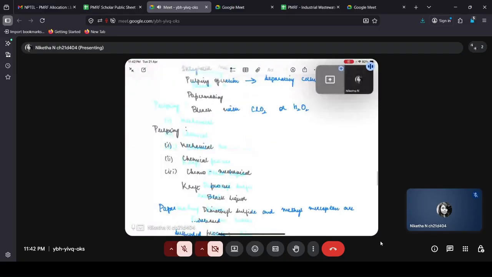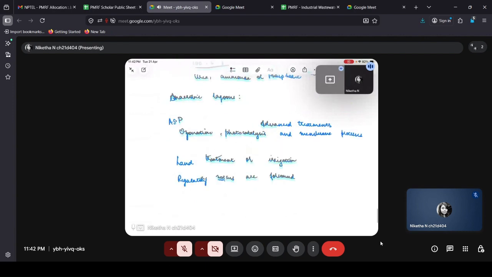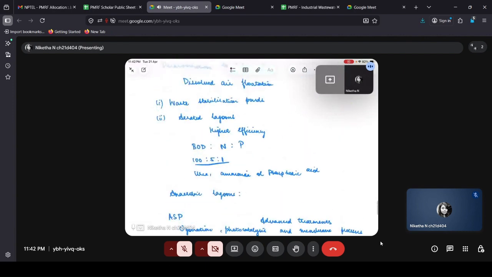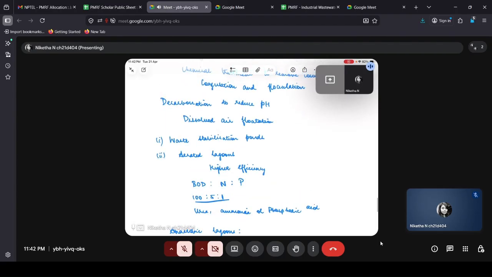So now we will be looking at some of the processes that we saw in detail. When we talk about waste stabilization ponds, these are cheaper, and if there is a large area of land available, then this is a very good method. Because it requires very low capital investment, it is also a cheaper process.